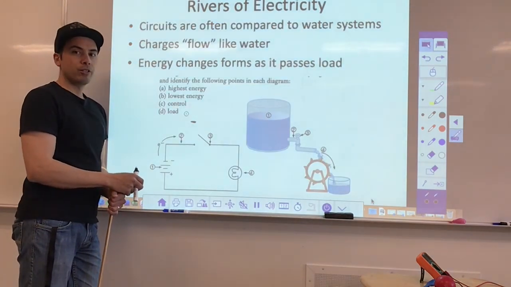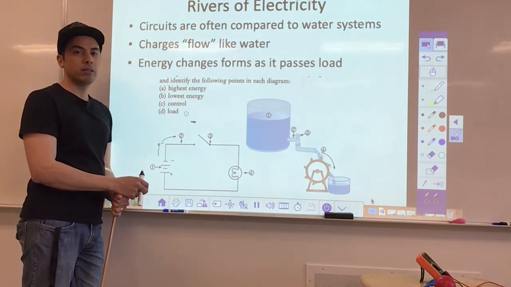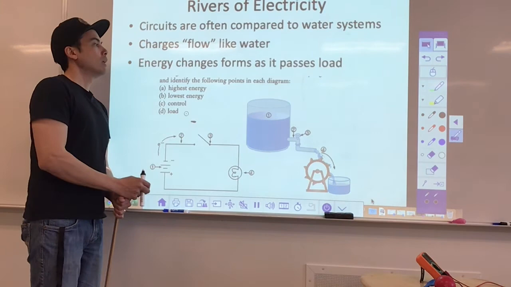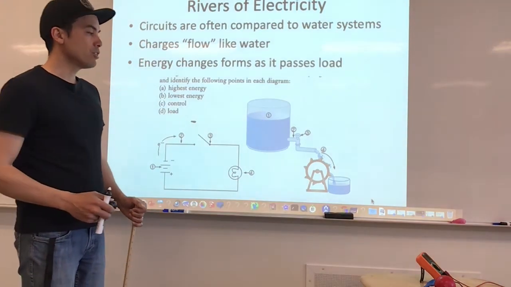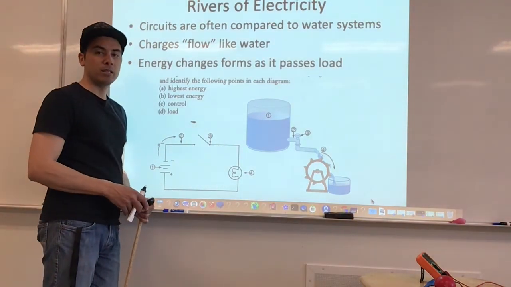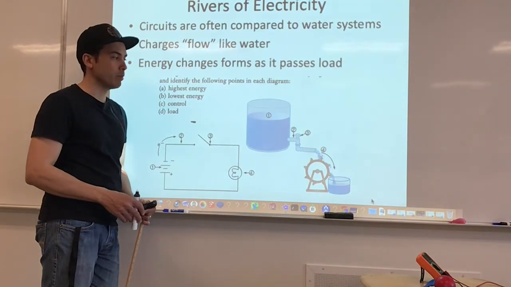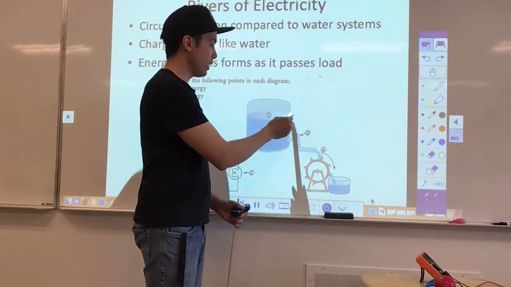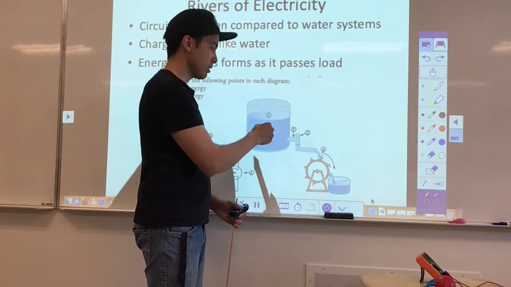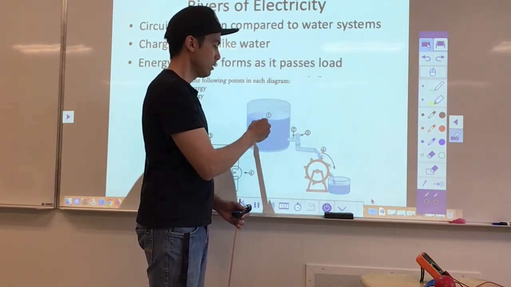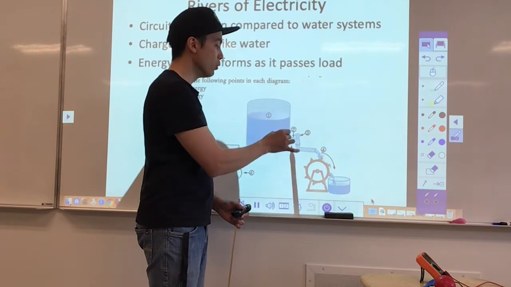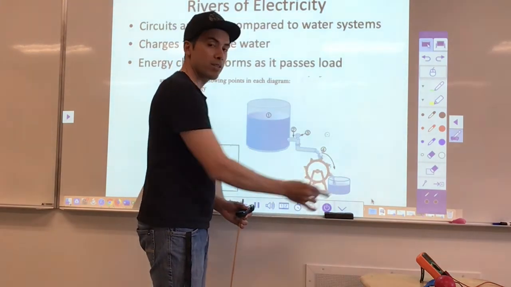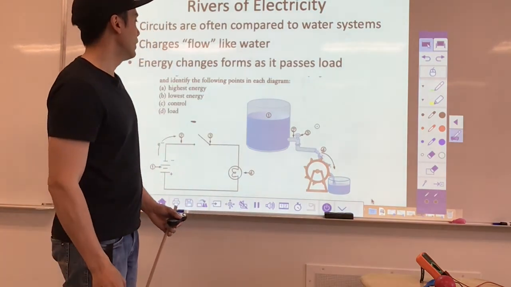Okay, like we already talked about, we can compare the flow of electrons to the flow of water. And so energy is going to change as it is moving from place to place. Looking at this part of the diagram right here, we have this reservoir, a container full of water, and it's going to have the most energy here, and it's going to be losing its energy as it moves downhill.